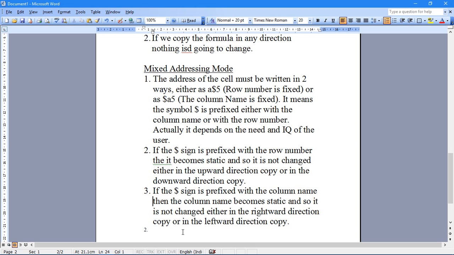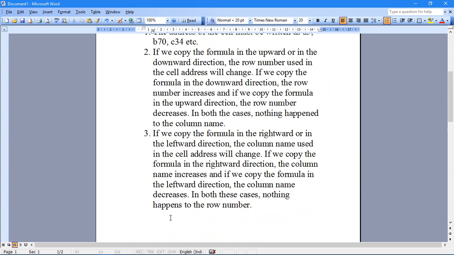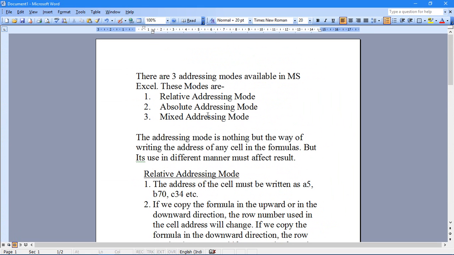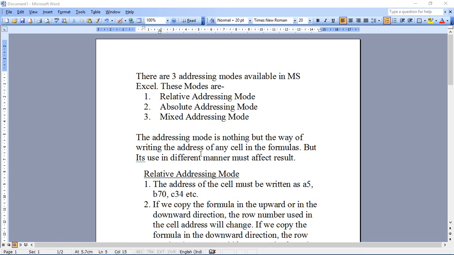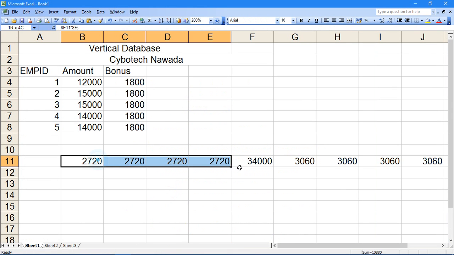This is all about the three modes: the relative addressing mode, the absolute addressing mode, and the mixed addressing mode. Each and every addressing mode has its own advantages and disadvantages. Now I am going to give an example.